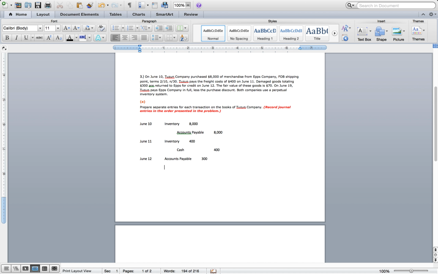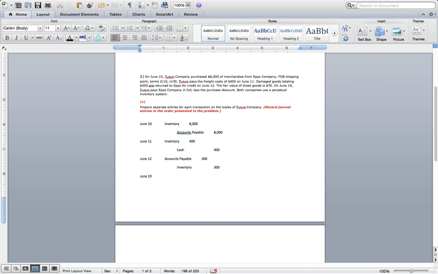The reason why I debit accounts payable is I want to decrease that accounts payable by that amount because I don't owe that amount to them anymore because I returned it. And then I want to credit inventory for $300 because that inventory is no longer in my warehouse and I need to decrease the inventory. All right, and then the last entry on June 19th.